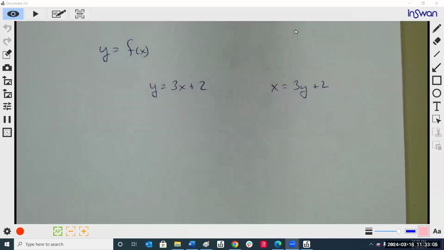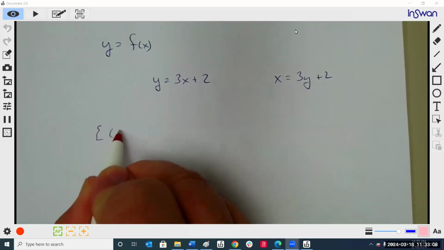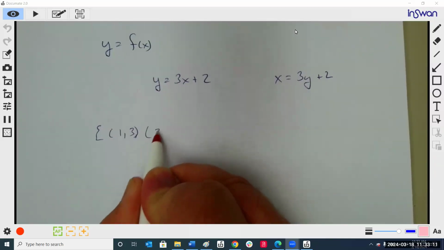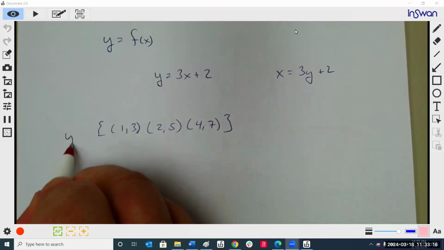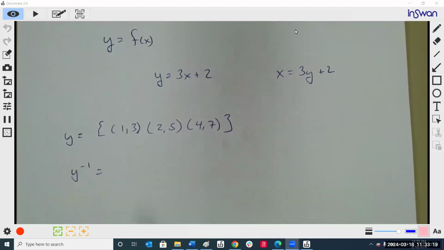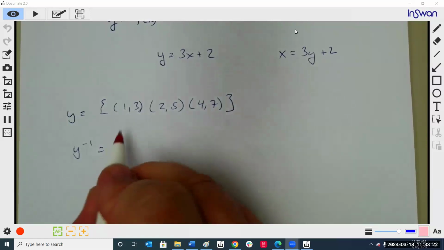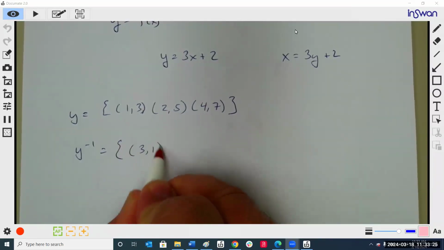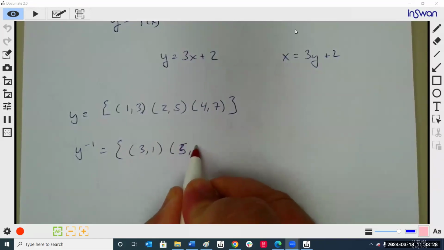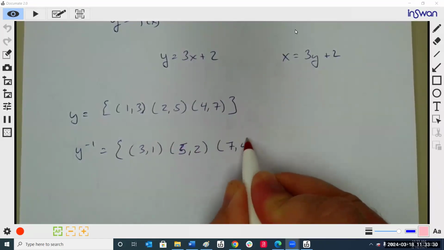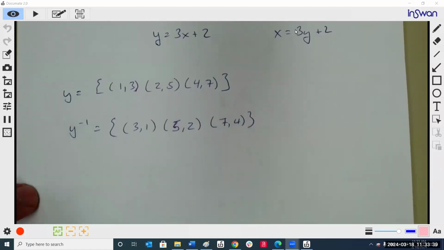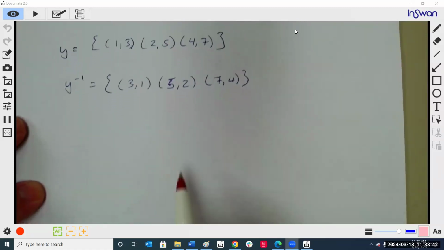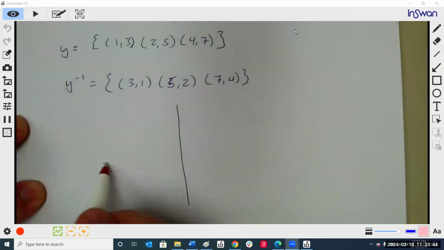We switch X and Y. So if I gave you these points here, this is Y, what would be my inverse? Like the first step said, switch X and Y. That's all you have to do if you're given points. What does this do to the graph? Well, let's see. It flips around where?